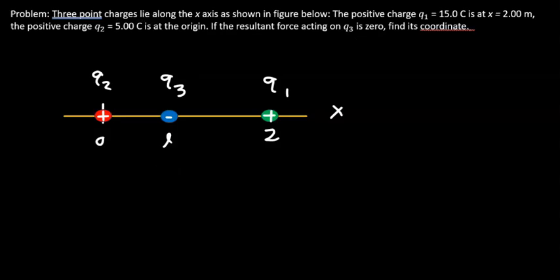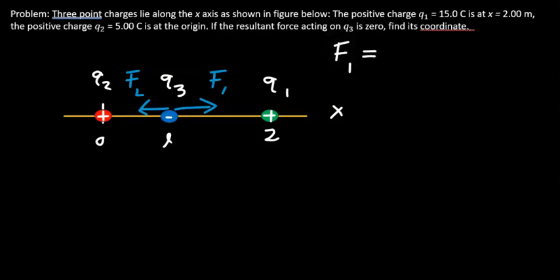So let's look at the free body diagram for the system. Now Q3 is a negative charge, so it will be attracted to Q2, and that force is going to the left, and at the same time it will also feel an attraction from Q1, namely to the right. Let's call the leftward force F2 and the rightward force on Q3 F1. So let's write down F1.